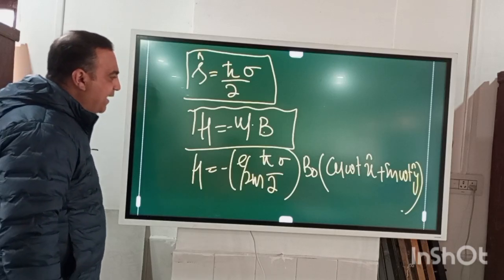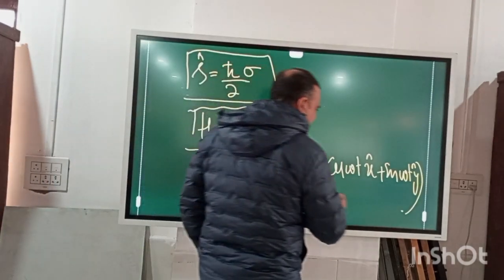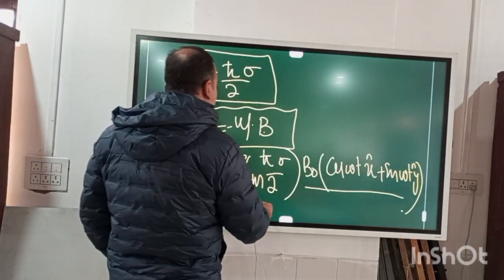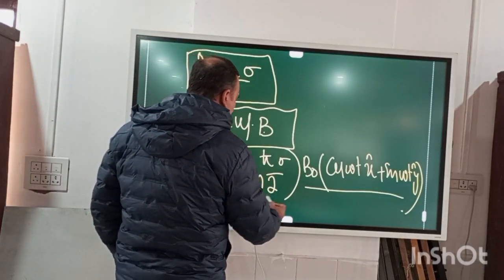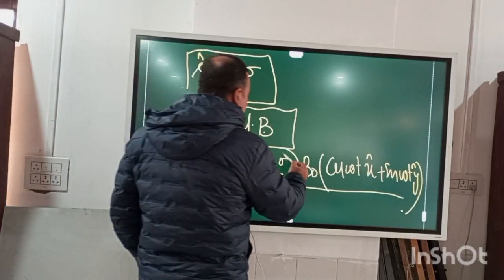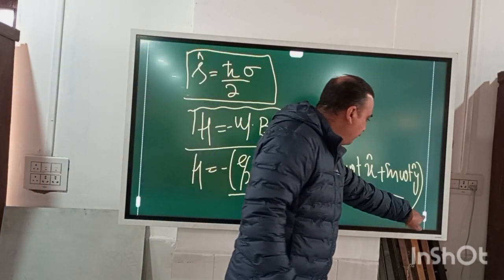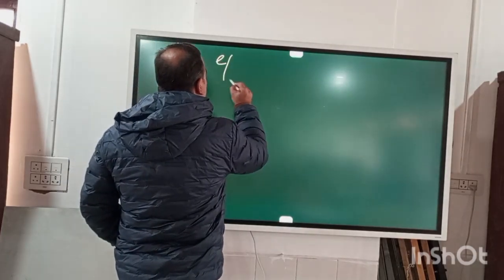So this is my rotating magnetic field, and this is my magnetic moment, and this sigma is the Pauli spin matrix.